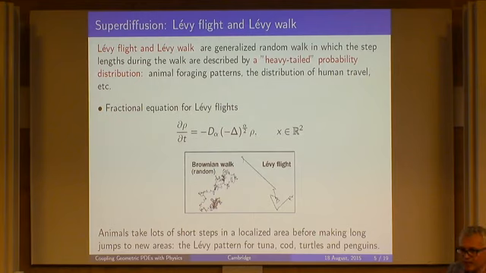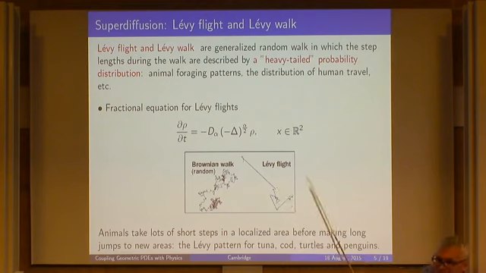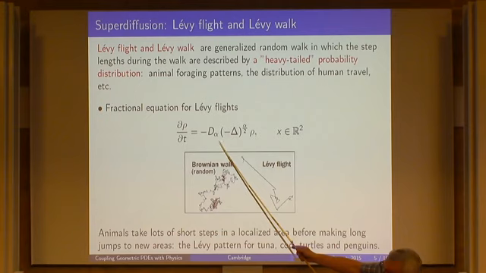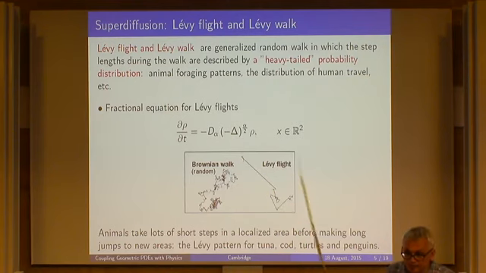That's why I'm trying now to explain the difference between Lévy flight and Lévy walk. For Lévy flight, the animals move this distance instantaneously. And if you move instantaneously with infinite speed, then you will end up with this fractional equation for Lévy flight. This is a Markovian equation. Instead of the Laplacian, you've got some fractional operator.